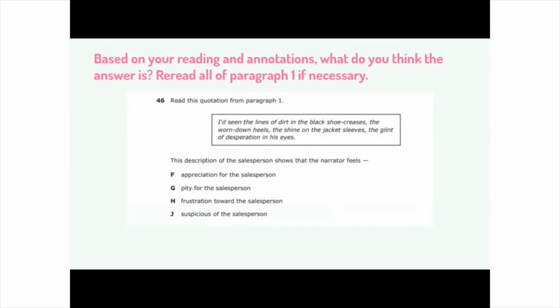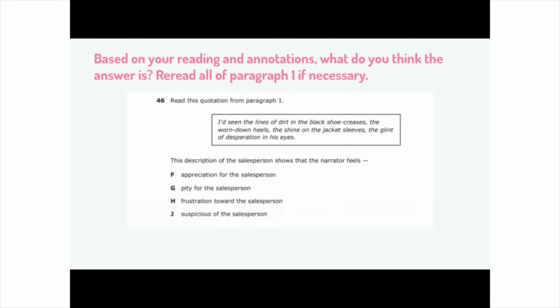Excellent. We can eliminate the positive word, right? We can eliminate appreciation. Great. So now we're stuck with pity, frustration, and suspicion. What do y'all think is the correct answer between G, H, and J?